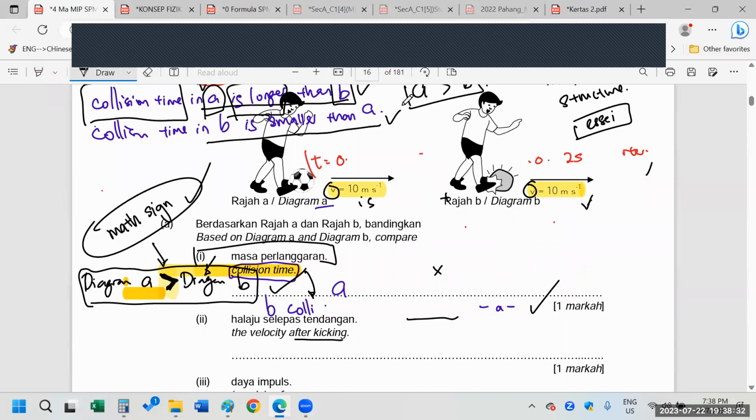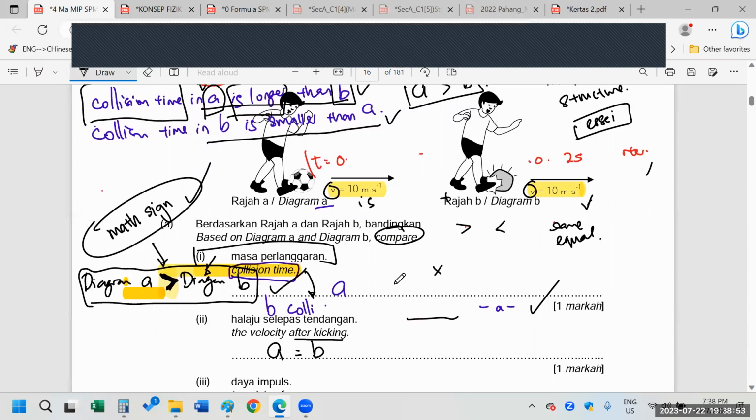They must state it in the question. So compare not only bigger, smaller, but still got the same, or we say equal. So I say A equals to B.